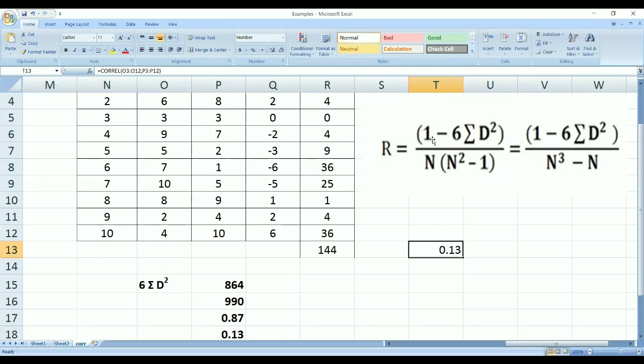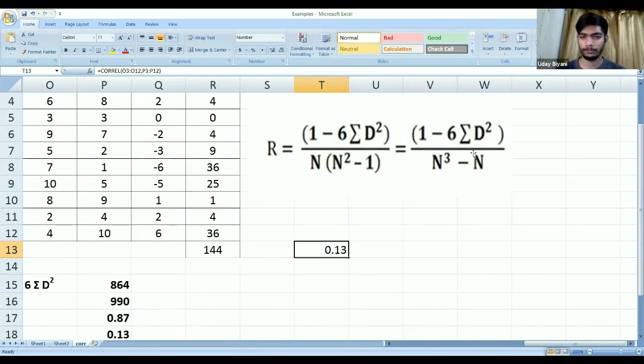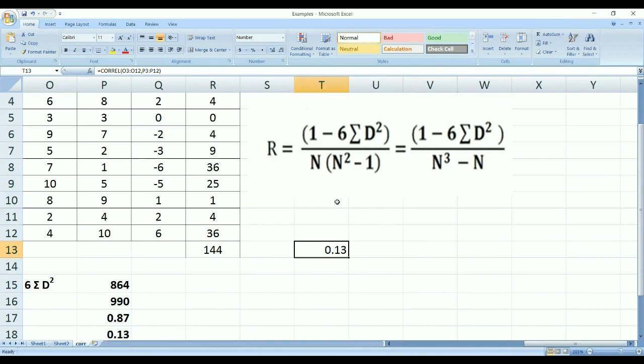This 1 minus is not that 1 minus. After doing everything, you have to subtract the whole thing from 1. Don't take this in the numerator: 6 summation d square, divided by this, and then 1 minus that whole term. That means 1 minus 6 into 144 divided by 10 into 10 square minus 1.